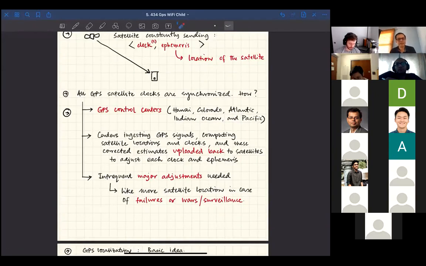By the way, just as trivia, if Einstein's theory of relativity was not known, these GPS satellites, GPS-based localization wouldn't work. Okay, so actually satellites and the time compensation they do takes into account the general theory of relativity.